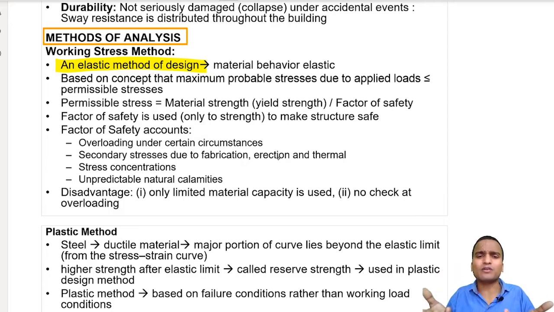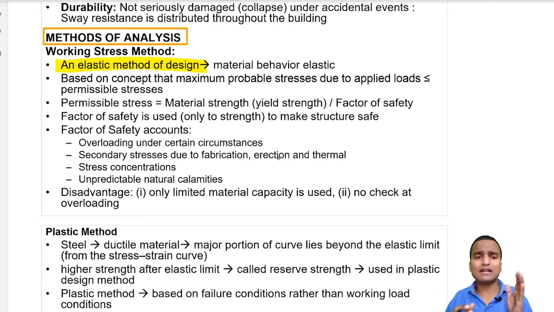And why do we use factor of safety? It accounts for overloading, secondary stresses, stress concentration, and different natural calamities are also considered in that. Factor of safety can be 1.5 or even 2.0, 2.5, even up to 5 is considered in the case of design of tanks or water retaining structures.